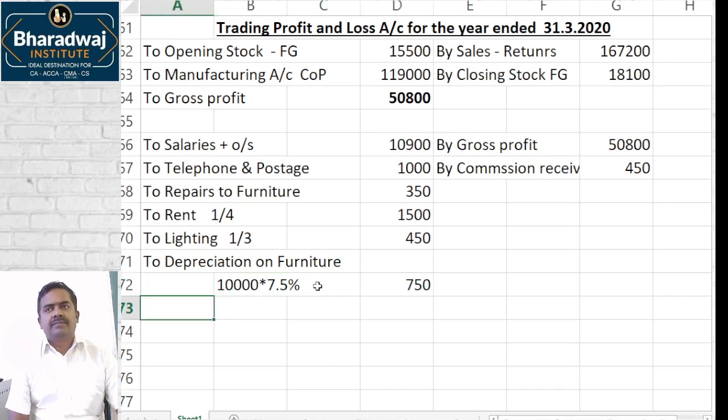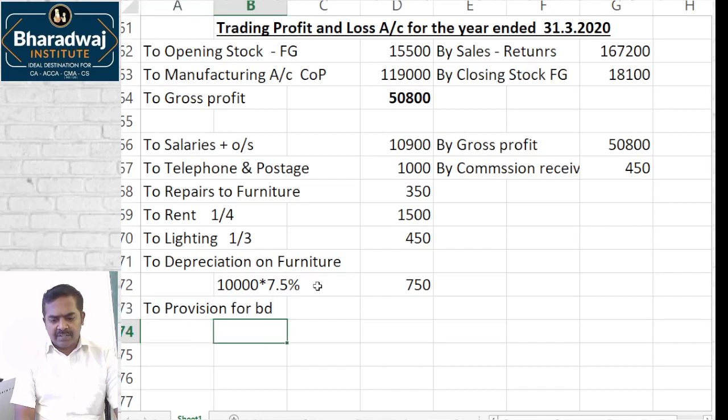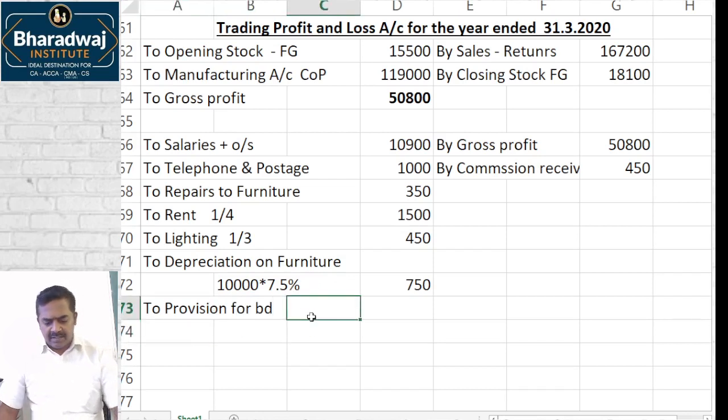Then what is the next one? Provision for doubtful debt, provision for bad debts. We have said 1% on sales, so required is 1% on sales. This sales is 1,67,200, and 1% of that.